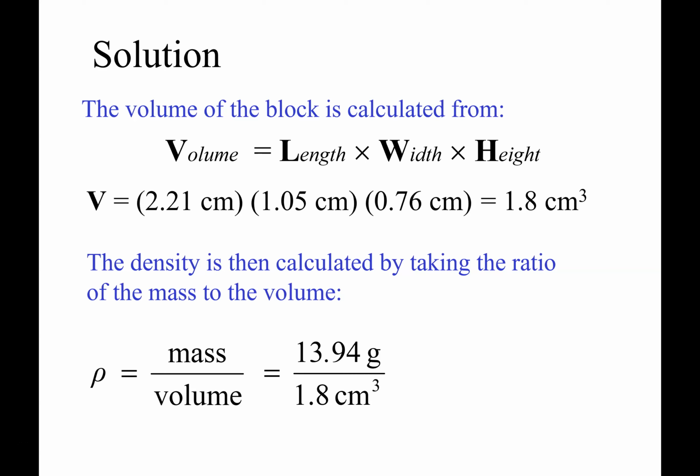So if I take that 13.94 grams and divide it by 1.76358 centimeters cubed, now I'm trying to make a point here. On the board over here, I went ahead and wrote the mass, and instead of dividing it by that 1.8 centimeters cubed, I divided it by the unrounded number.